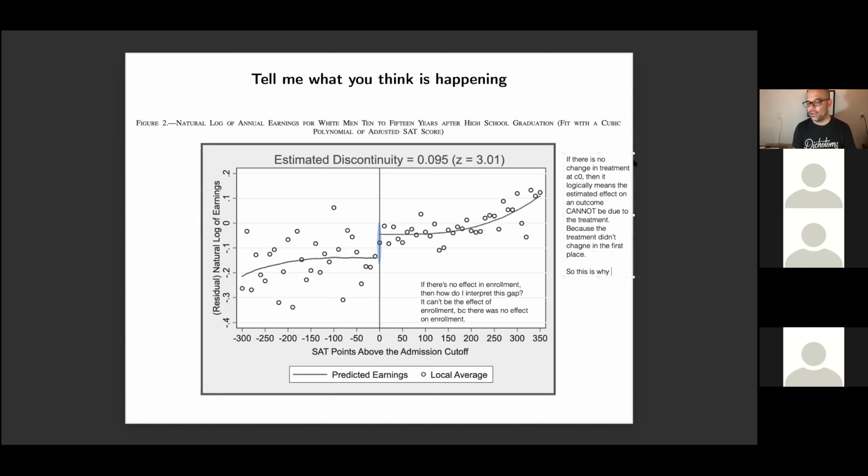This is why you have to present evidence for treatment assignment changing at C0. If you don't have data on treatment, which you sometimes don't, then you need to show the documentation from the program saying treatment occurs at C0.